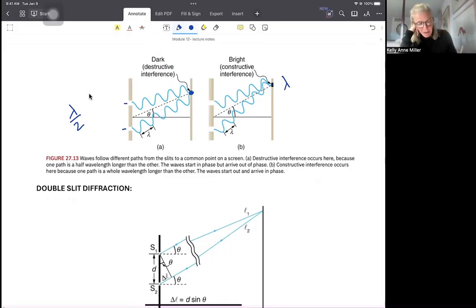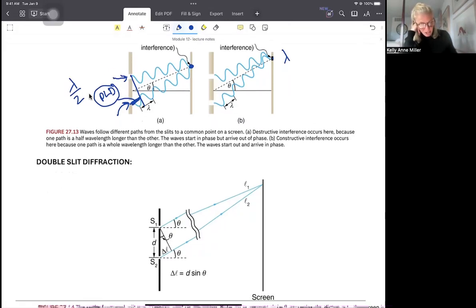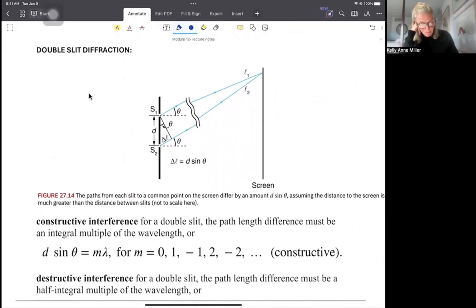It's what we call the path length difference: how much further does the wavelet coming from this slit have to travel compared to the wavelet coming from that slit? That path length difference determines whether they're in phase or out of phase. You can see it much better in this picture.